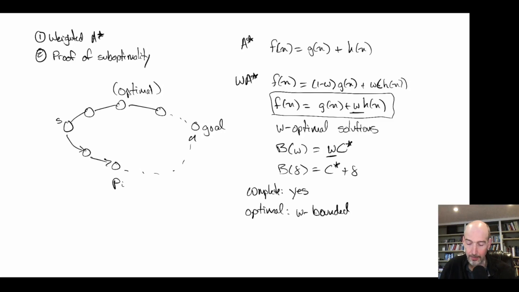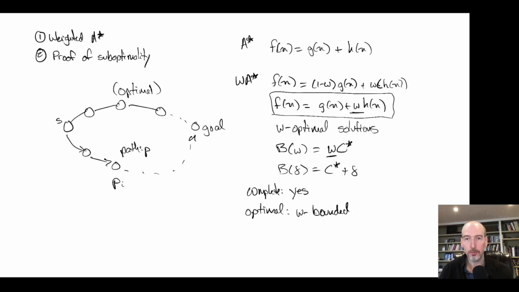So P is the entire path. P of i is some ith node along this path, and what we want to do is prove it for any P of i. We're going to do this in a generic way so that we could prove it for each P of i. And then I have the optimal path on the top.